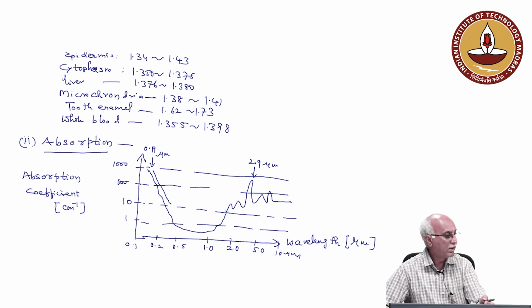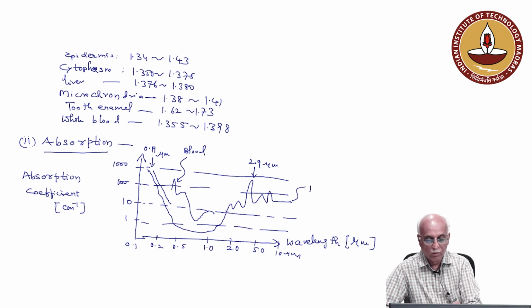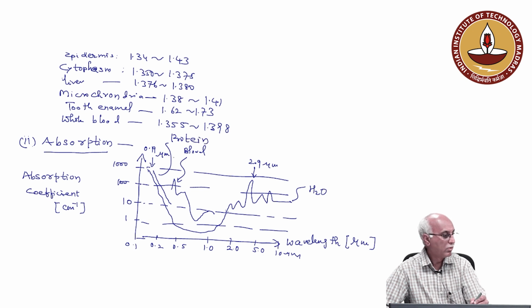If we are considering, let's say, a blood sample, then its absorption characteristics go in a different way. So this is a blood sample, this is water molecule, this is a protein molecule.